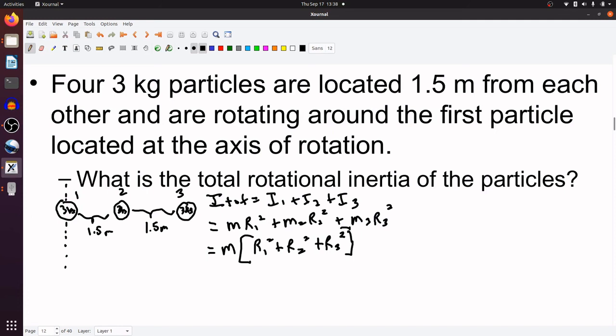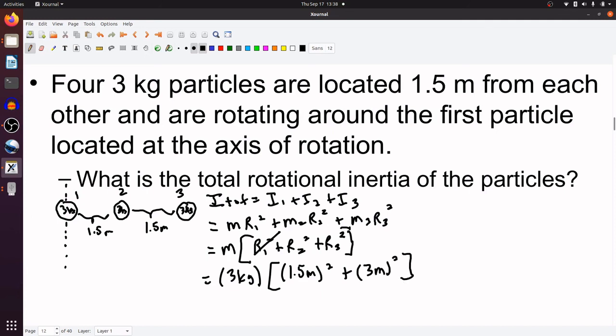R1 squared, the distance between this particle, the number 1, and its axis of rotation is 0. So it goes away, just like when we were talking about torque, how if it torqued at the pivot point, then there's no real torque there because there's no radius, no lever arm. We do have R2 and R3, though, so that's what I'm going to plug in next. The mass is 3 kilograms. R2 is going to be 1.5 meters squared plus R3, which will be 3 meters away.